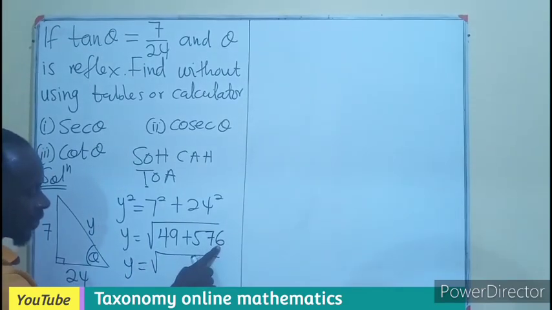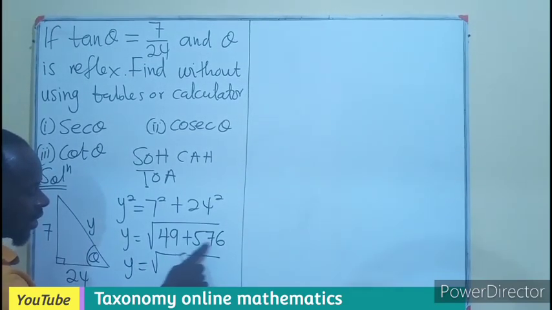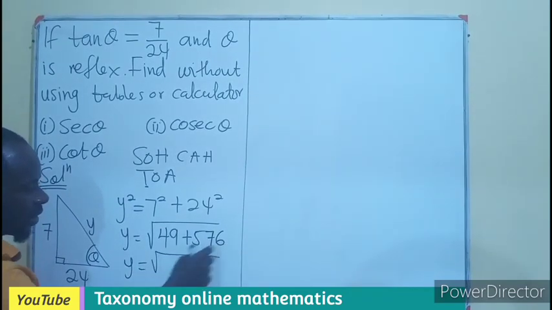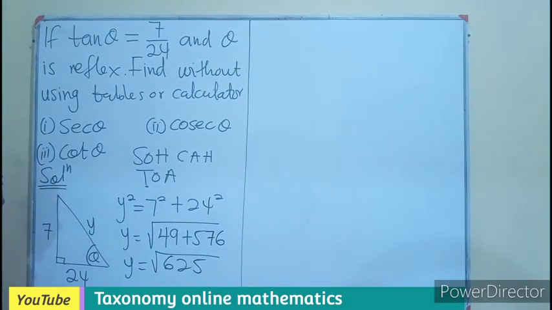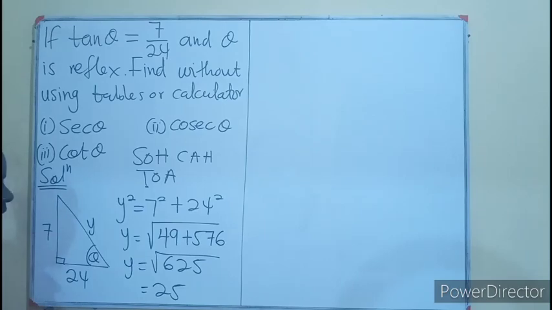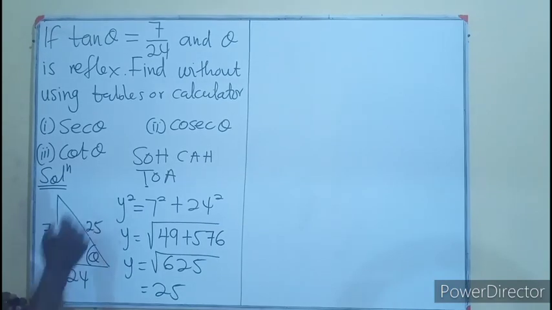If you add this, we are going to have 625, and the square root of 625 is 25. So that simply means that the longest side, the hypotenuse, will be 25.